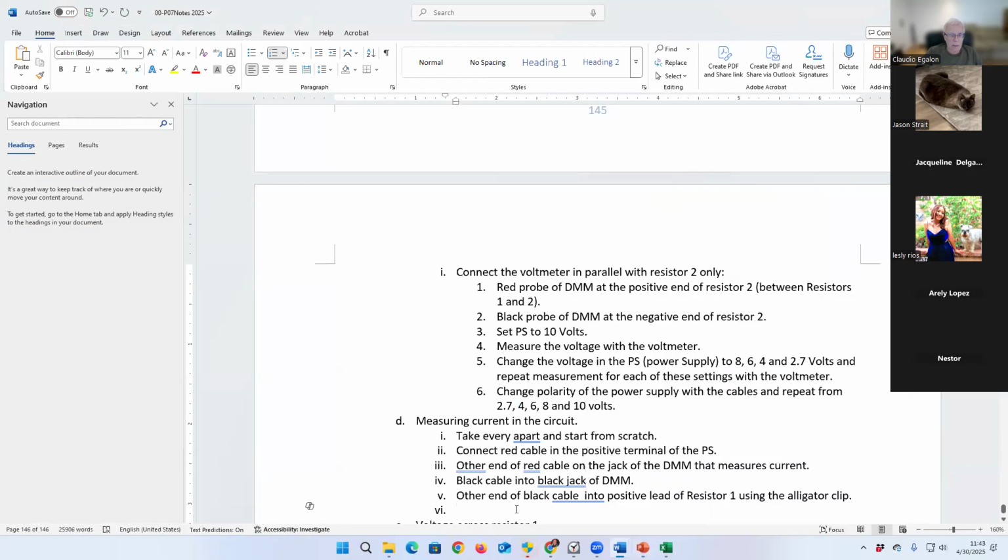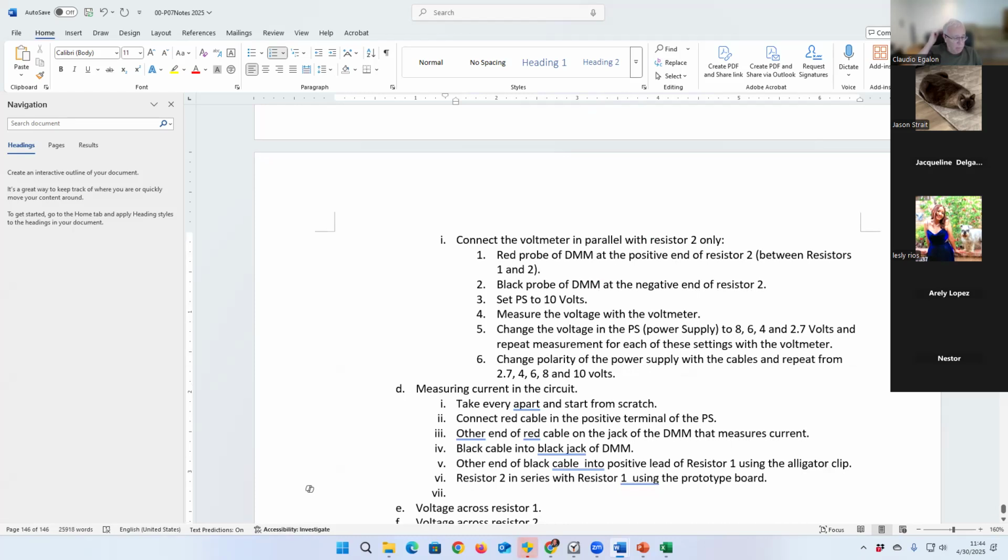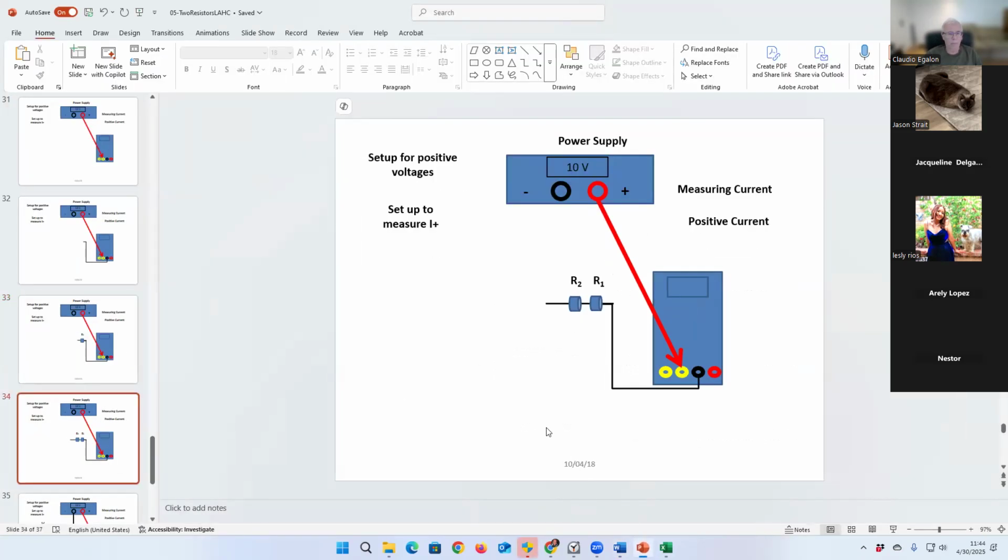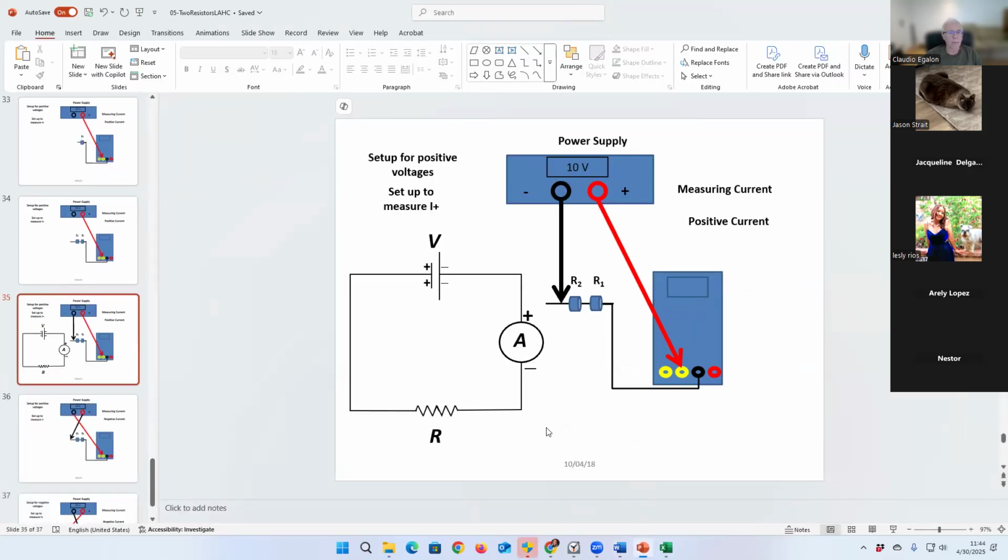Resistor 2 in series with resistor 1 using the prototype board. Close the circuit.